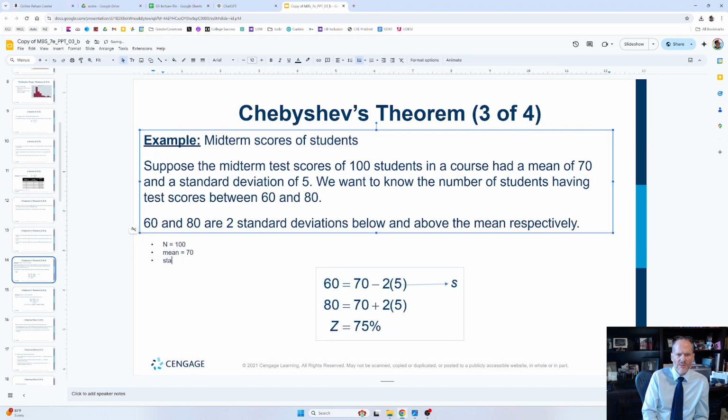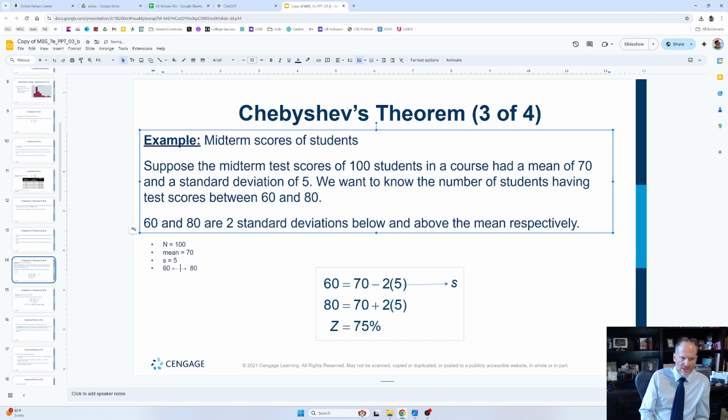Oh, I can do S. So I'm just going to do S. S is equal to 5. That's my standard deviation. And then we want to know the number of students having test scores between 60 to 80. Well, I'll do arrows like this.